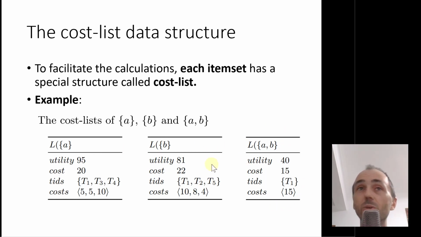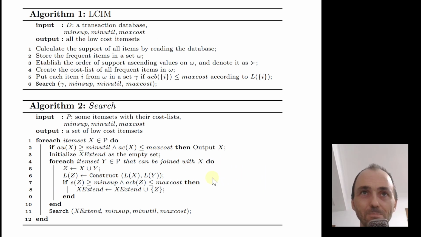So the algorithm will use this to quickly find the cost and utility of the different item sets when searching. So here again, I will not explain all the details. This is more about the algorithm itself. You can look up the paper for more details. So here we have the algorithm.